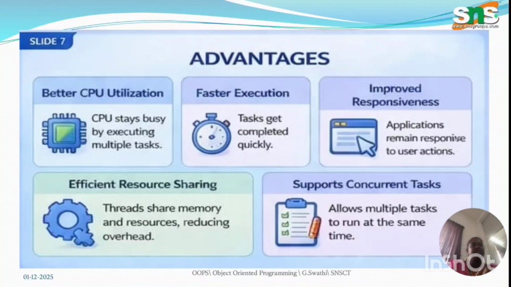Fast execution means tasks are completed quickly, reducing time, and applications remain responsive to user actions. Effective resource management means threads share memory and resources, reducing overhead. Support for concurrent tasks means allowing multiple tasks to run at the same time. That is a major advantage of multi-threading.